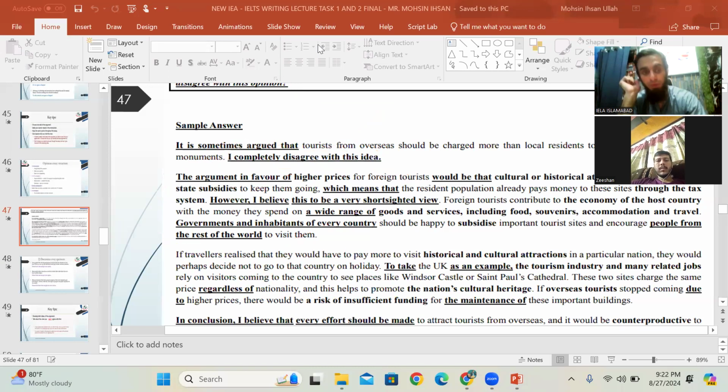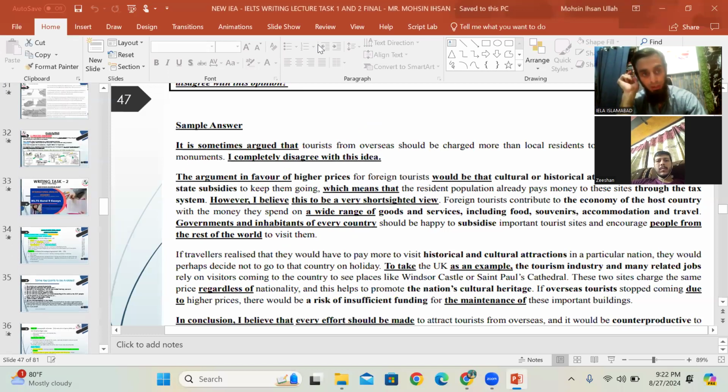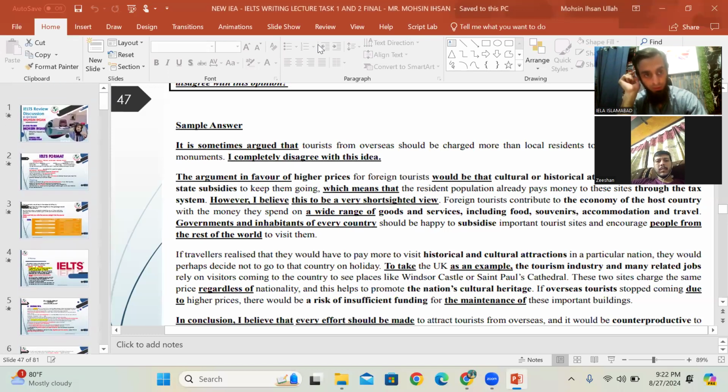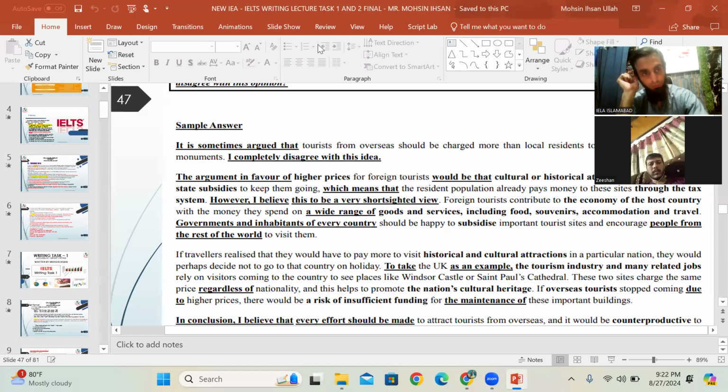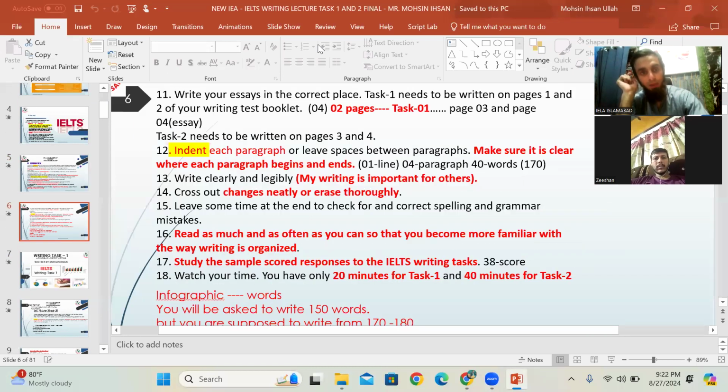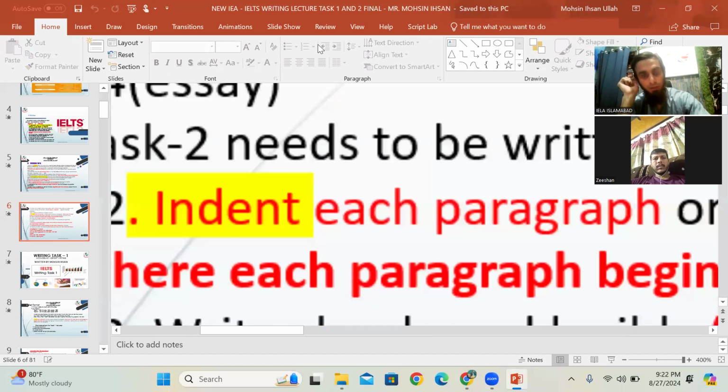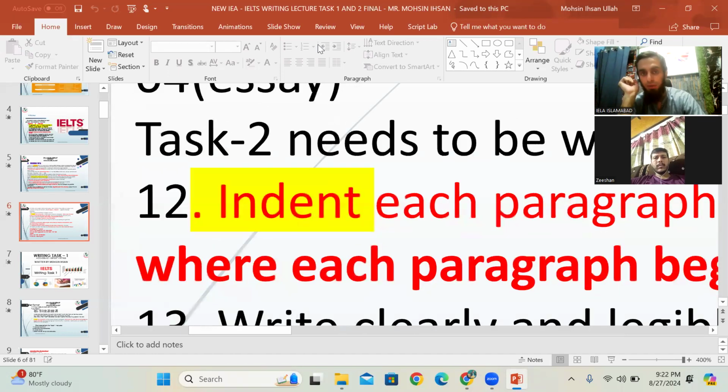Let me show you one major point and clarify it before going further. For each paragraph, you must keep this word in your mind: indent. Indent means when you start a paragraph, it must have a proper, very beautiful, impressive starting.